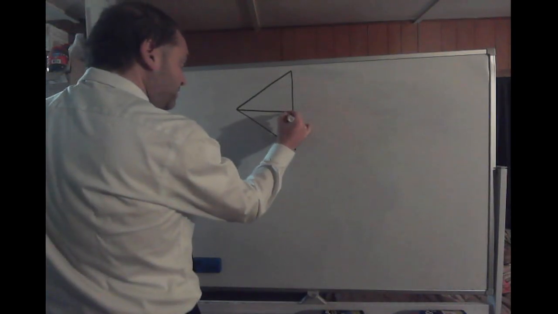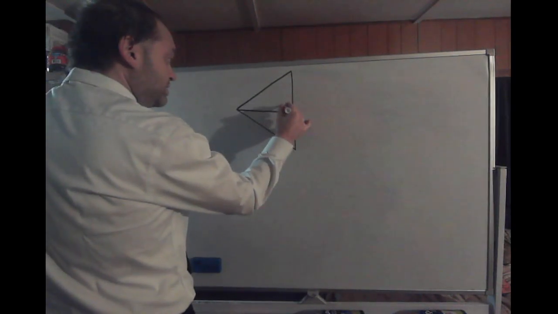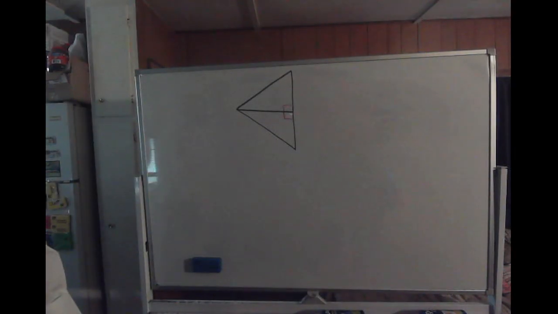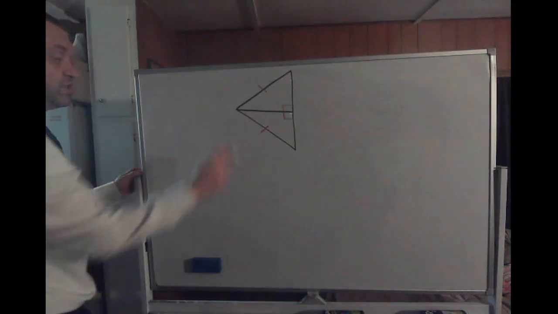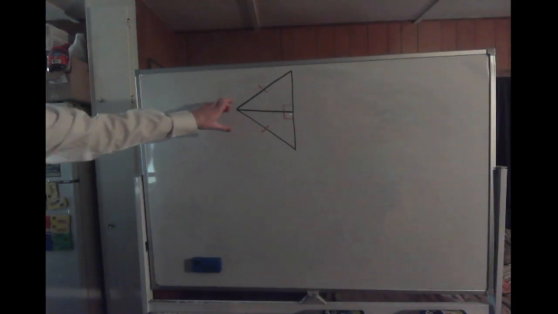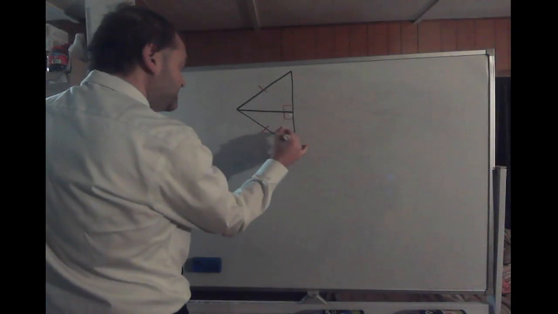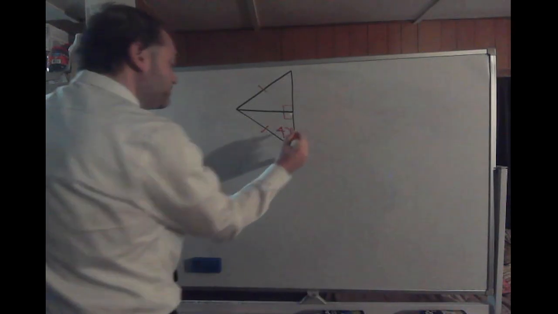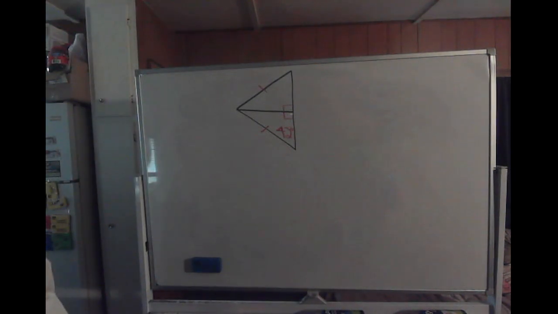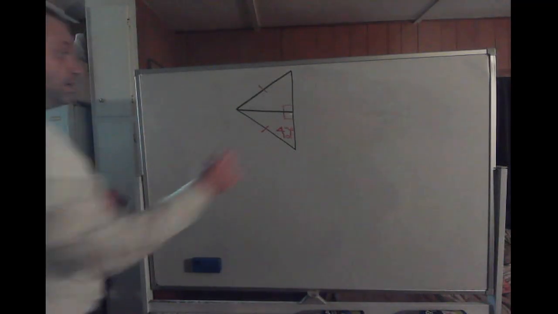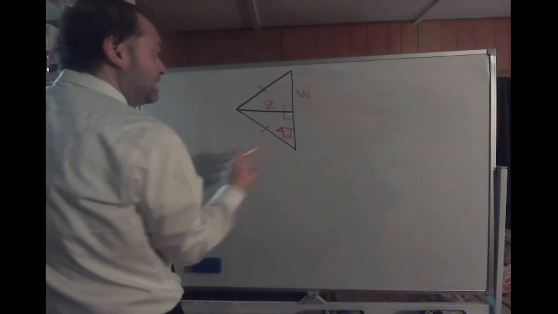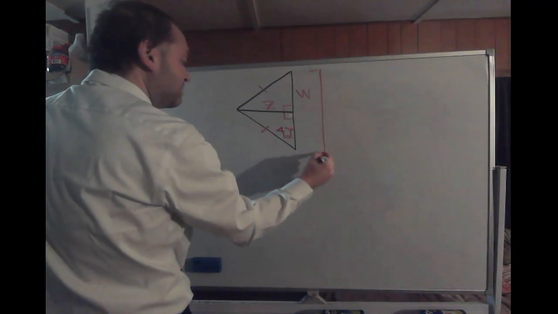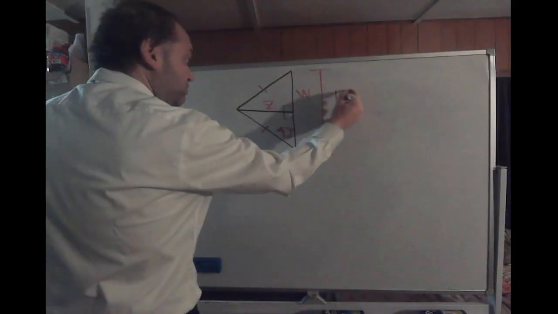So this forms a right triangle, which by default this would too. They even give us that these two sides are congruent to each other, so the whole triangle is an isosceles triangle. This is 42 degrees. This has length W, this has length Z. The length of this whole segment is 120.